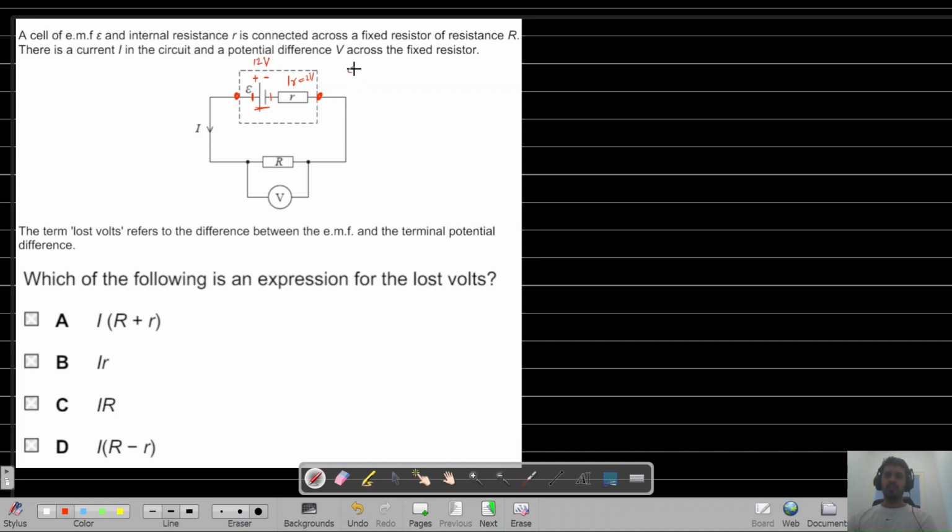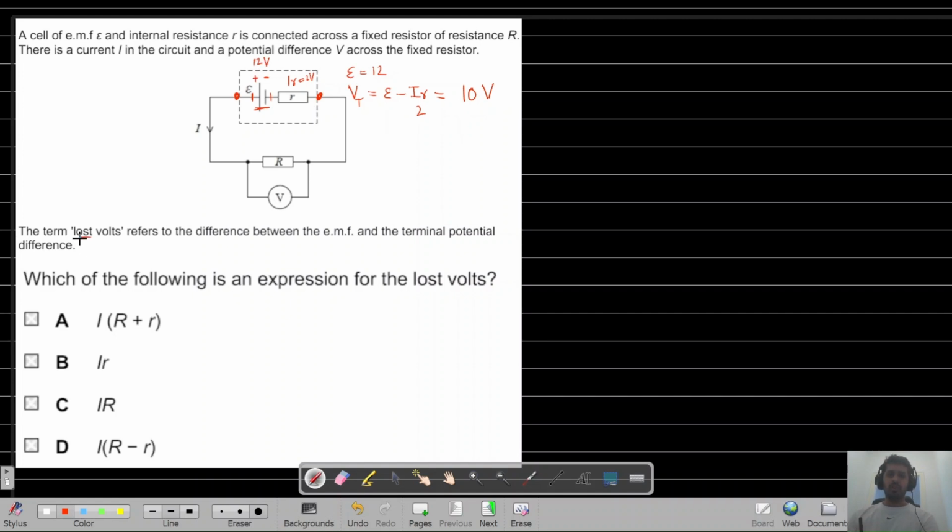So EMF is 12, but the terminal voltage, let's call it VT, will be E minus the voltage dropped across the internal resistance, which was Ir. And just for the sake of this example, let's assume that Ir is just 2. So 12 minus 2, in this case, the terminal voltage will be 10 volts. You can see it's less than the EMF, right?